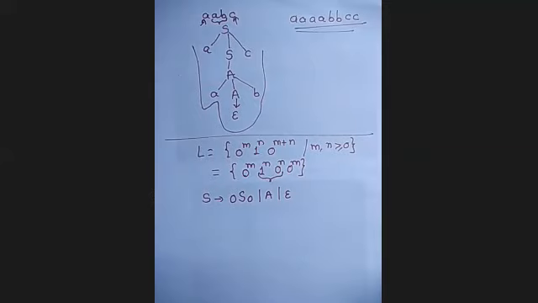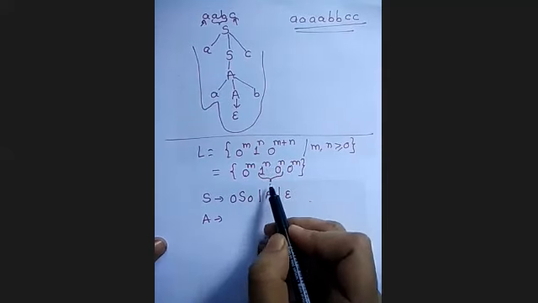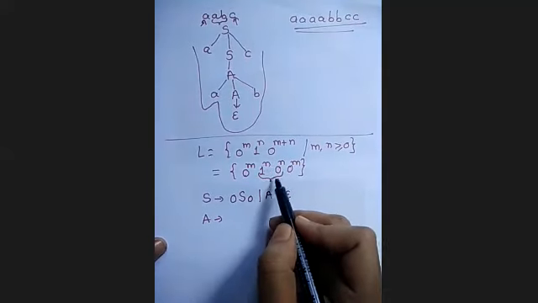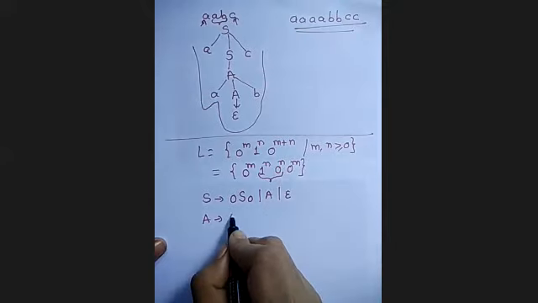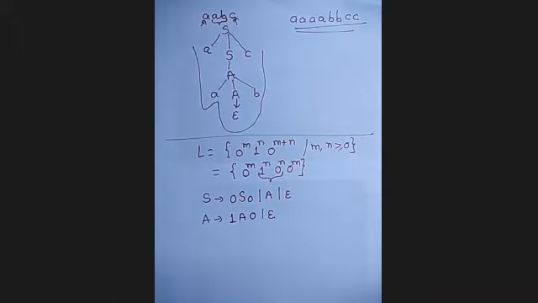Is that clear, Sanket? Yes, ma'am. And now for the A, we know what we have to derive. 1 to the power n followed by 0 to the power n. क्या करेंगे हम लोग? 1 A 0 gives A. ठीक है? Yes, ma'am. All of you, is that clear?